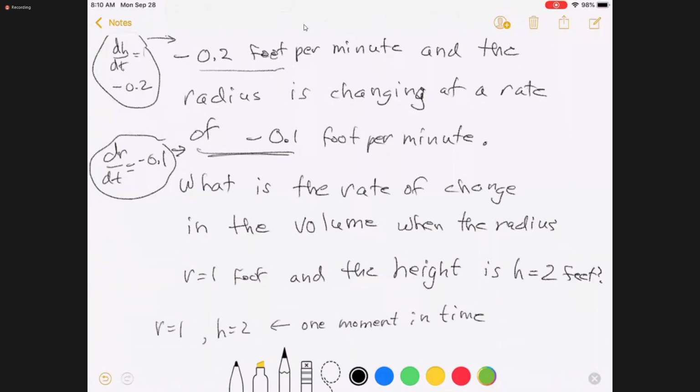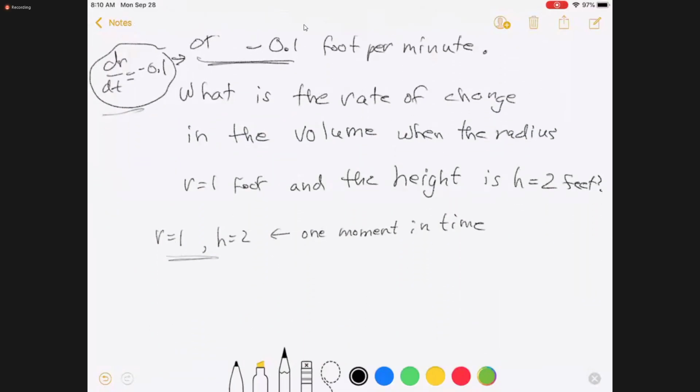Over time, H is decreasing. But at a particular moment in time, R is 1 and H is 2. It looks like in this problem, the rate of change of the height is constant, minus 0.2, and the rate of change of the radius is a constant, minus 0.1. So these two things hold over the process of draining the tank. This only holds at one moment in time. But then we can get the rate of change of the volume.